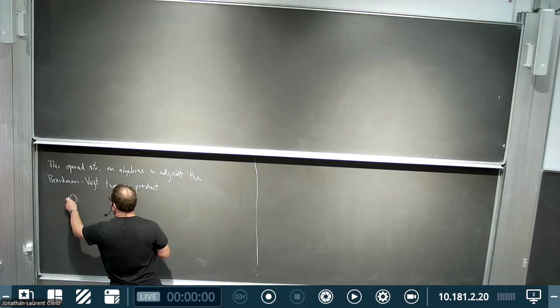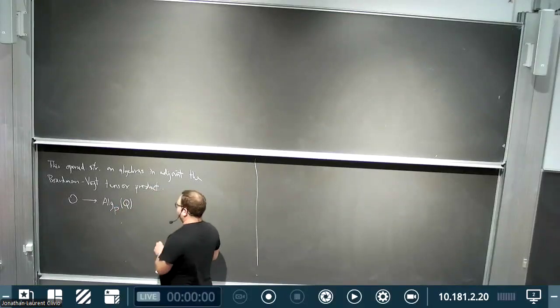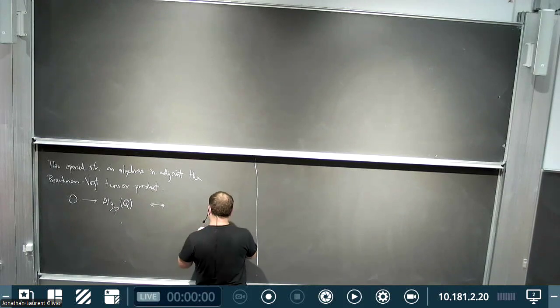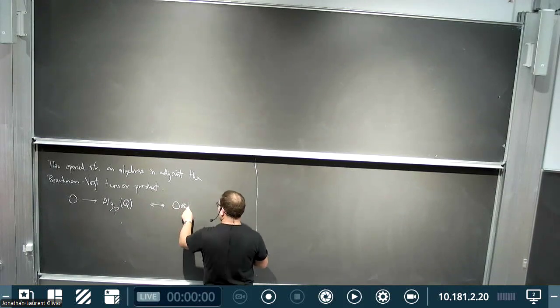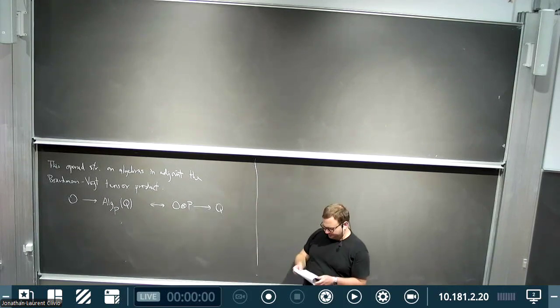Here a map of operads from O to algebras of P in Q is supposed to be equivalent to a given map of operads from O tensor P into Q, that is, this Boardman-Vogt tensor product.